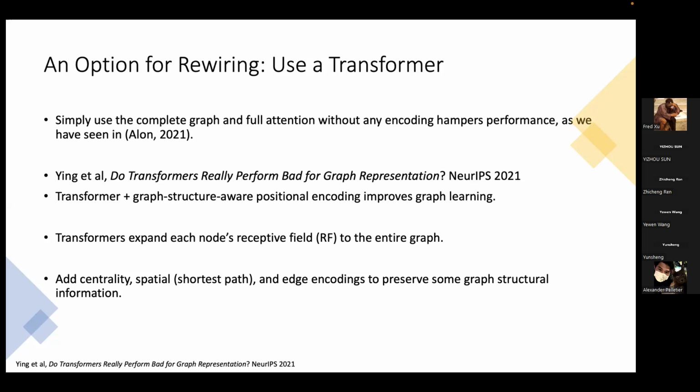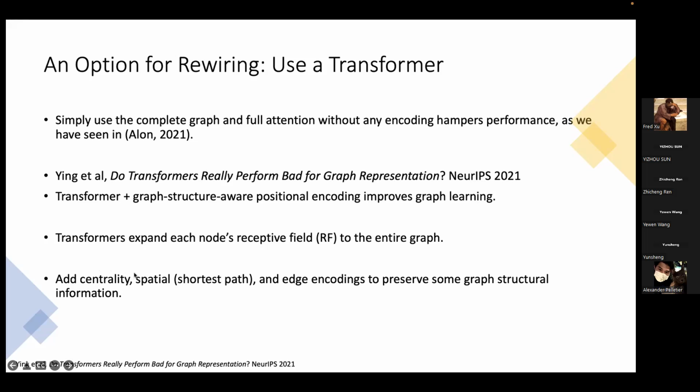So this paper says you can still use a transformer, but then you need to use positional encodings for the nodes, because by using a transformer we get rid of the inductive bias of the graph, but we still need that. The way we do that is to use positional encoding. So the high-level idea is that they add centrality, which is the node degree, as a node feature.